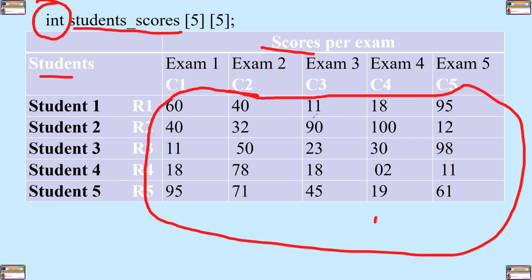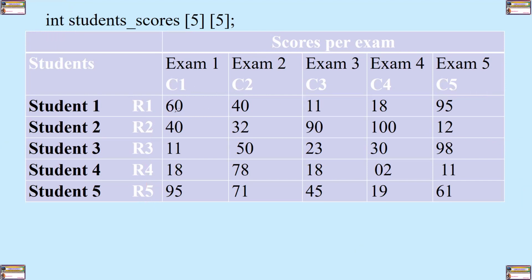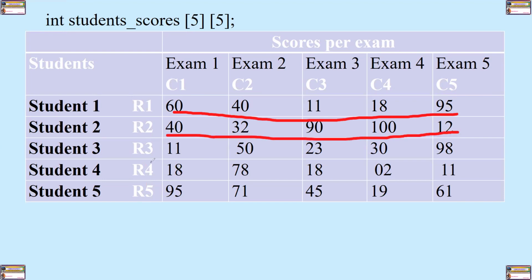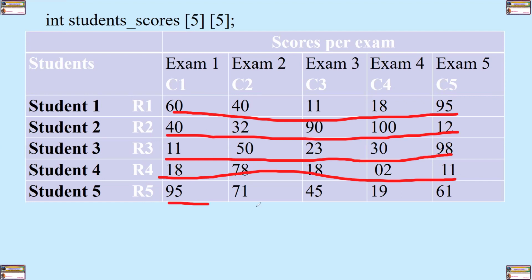Now, if you look at this data, it is organized in rows and columns. So you count them. How many rows do you have? We have row 1, row 2, row 3, row 4, and row 5. That's the first dimension.